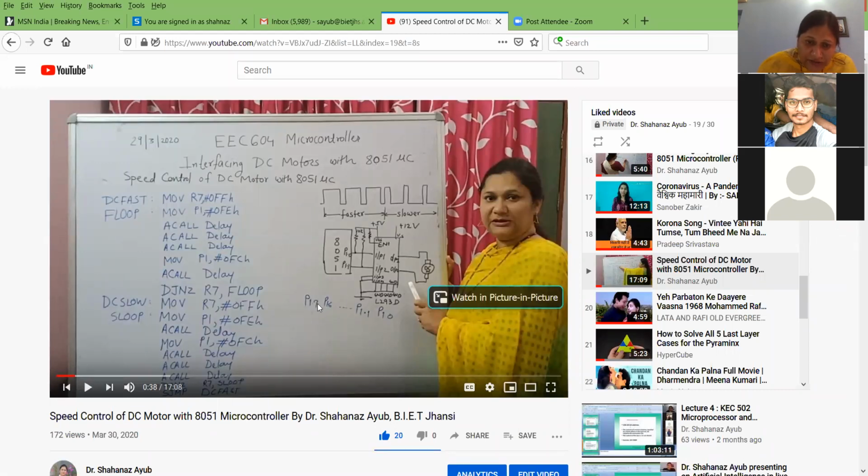FE means all these pins will be 1 except port 1.0 will be 0. So this pin is getting 0 and this pin is getting 1. So whichever direction it is moving, positive or negative, the motor will start moving. And you all know that port pins are latched. Latched means unless you change the status on the port, it stays.